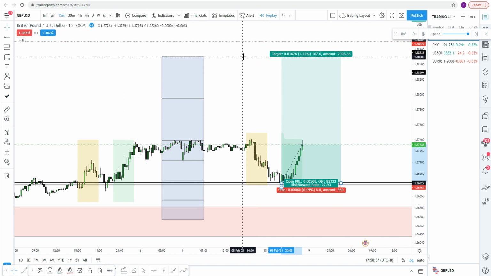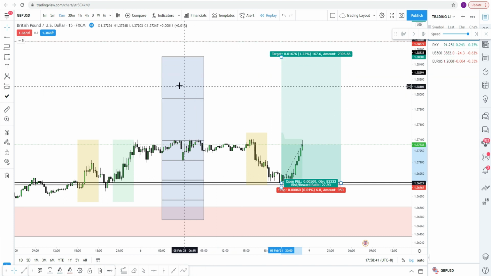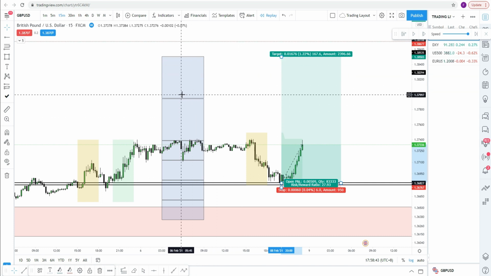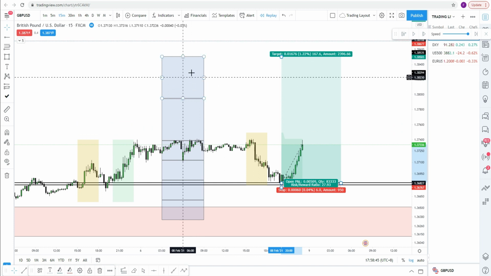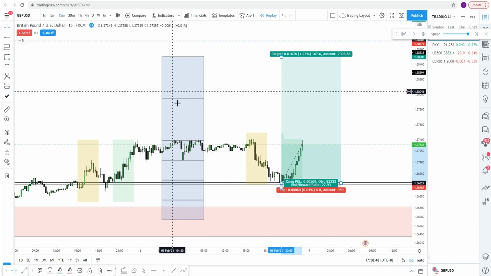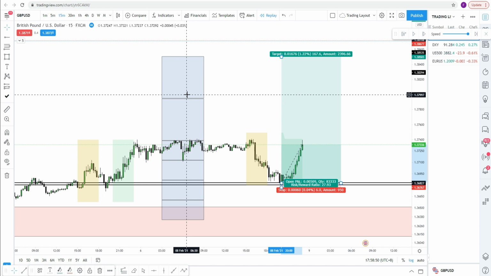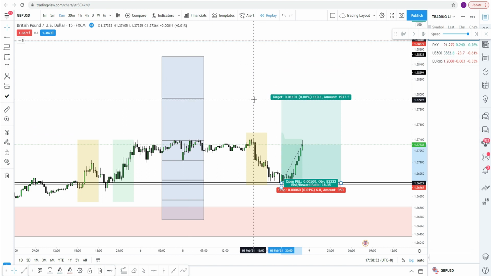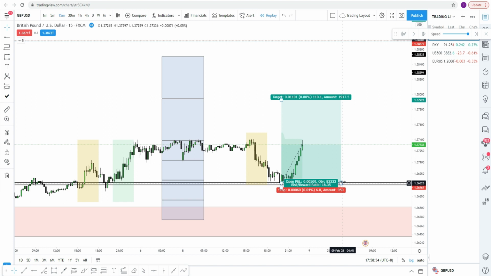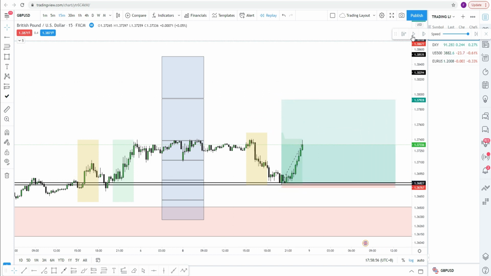Price will post its closing price for the day within these 2 standard deviations. IPDL likes to do it in the second standard deviation, but more or less we get it in between the two, right? Just keep it over here. 110 pips for a risk to reward of 18.35, and let's see what price did.